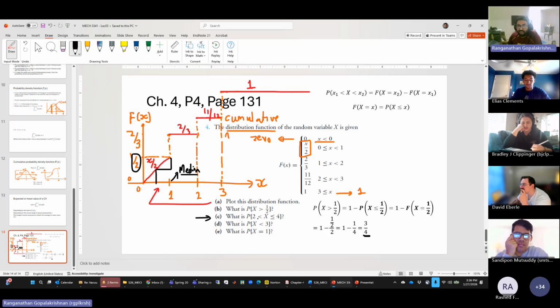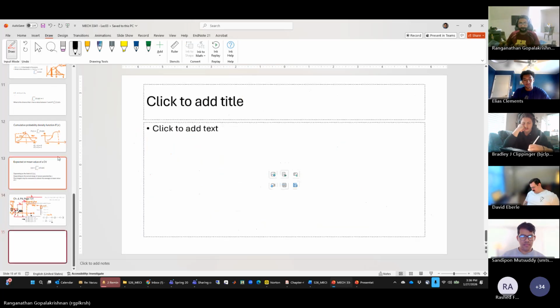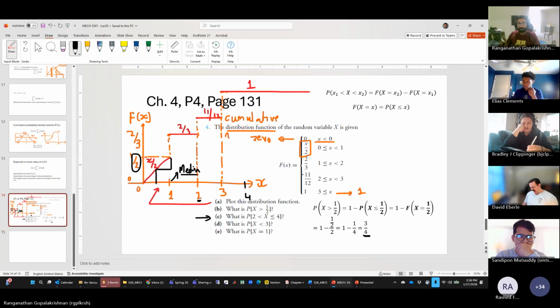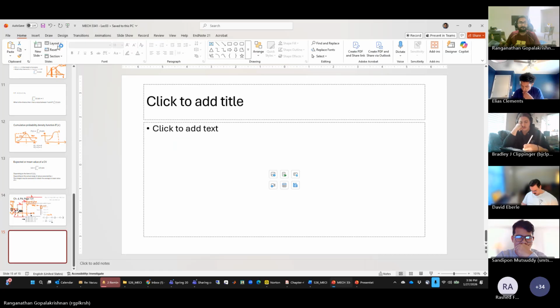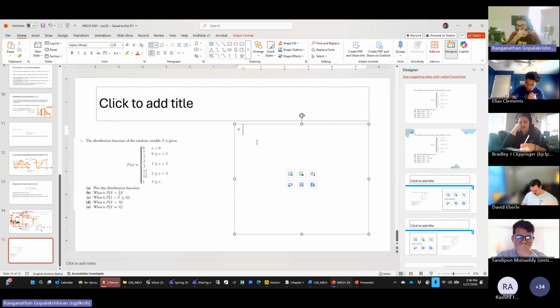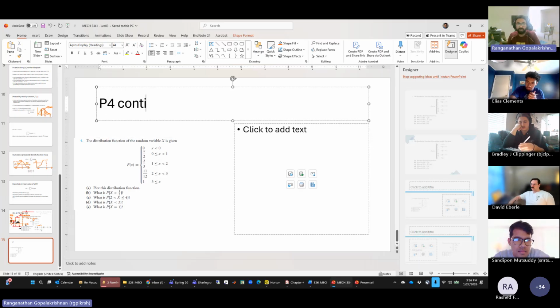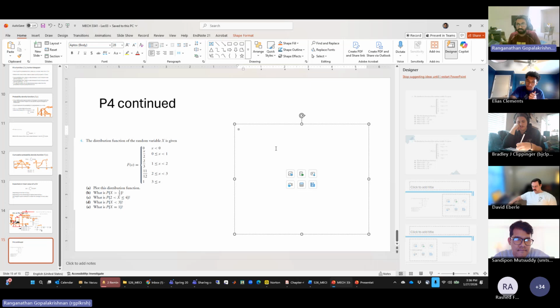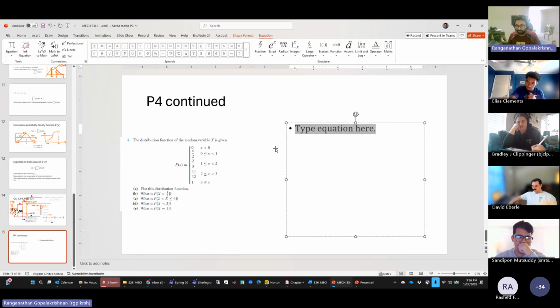What is the probability that x takes values between 2 and 4? So this is the continuation of the previous problem. What is the probability that 2 less than x less than or equal to 4?